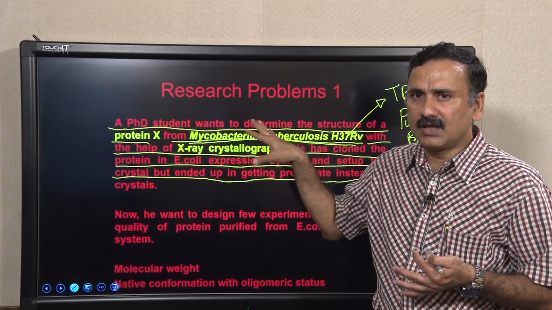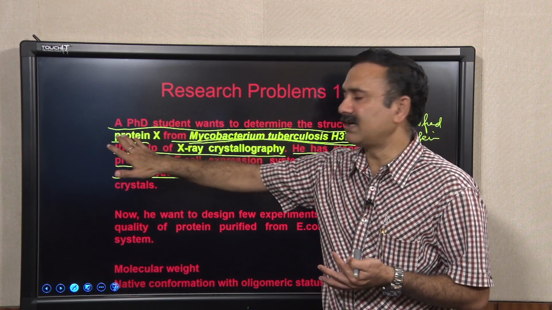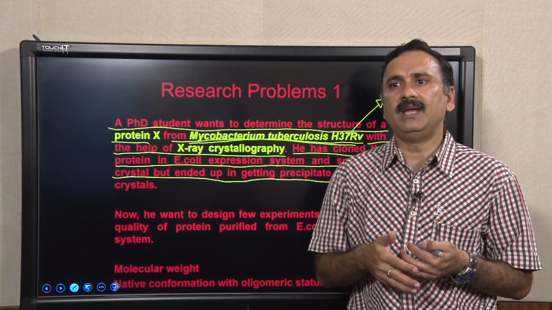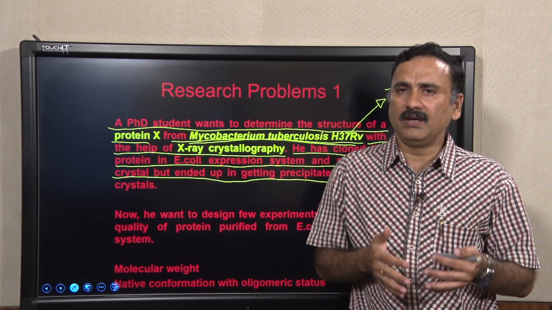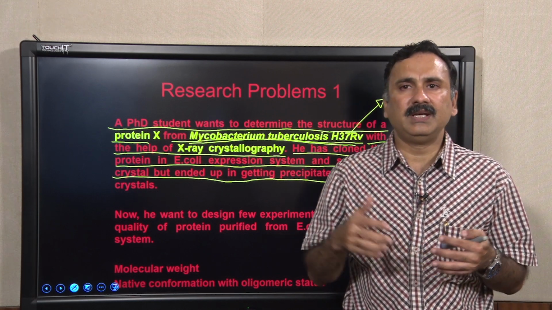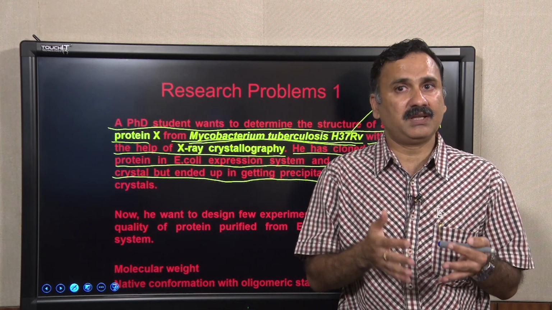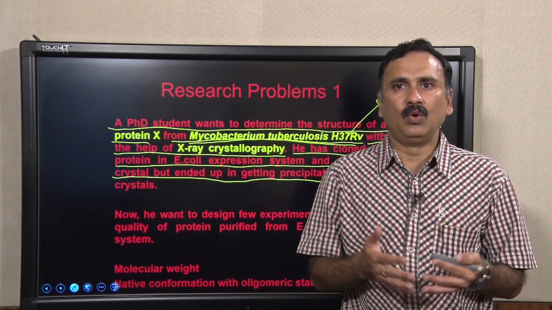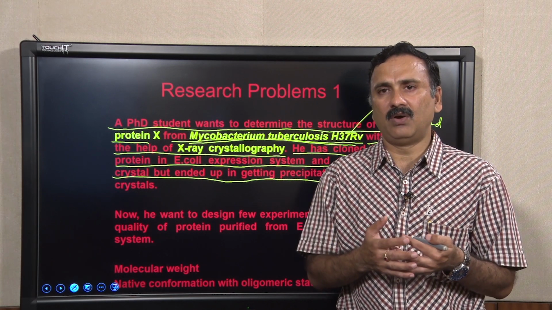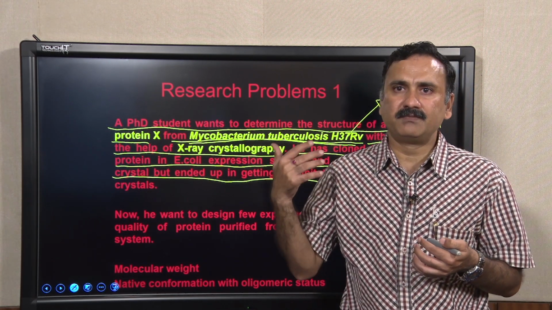But this student, who is interested in solving the structure of protein X using X-ray crystallography, has cloned the protein. One of the easiest ways of getting a purified protein is to clone it in an overexpression system such as E. coli, baculovirus or a mammalian expression system, depending on the yield and the protein of choice.